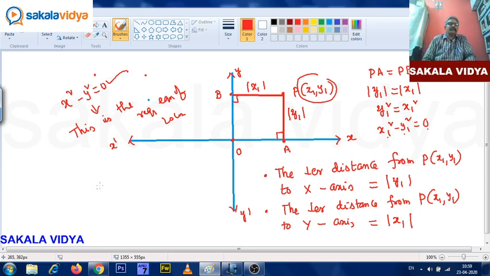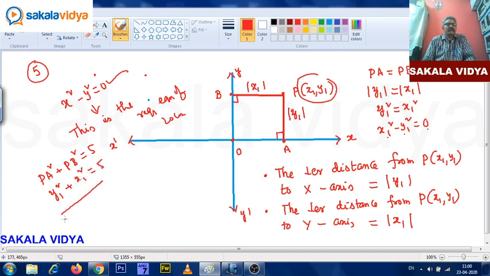And one more thing. For example, find the equation of the locus where the sum of the squares of the distances from a point to the coordinate axes is 5 units. That means here PA square plus PB square is equal to 5. Now, the locus of P you need to find out. PA square will be y1 square, PB square is x1 square, so it is equal to 5.